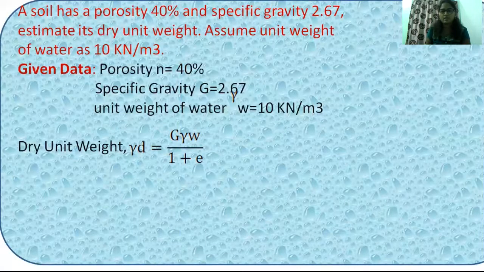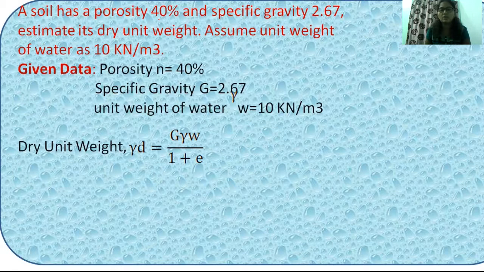Now the second problem, the second model. A soil has a porosity, what is the symbol of porosity? N is equal to 40% and specific gravity G is equal to 2.67. Estimate its dry unit weight.